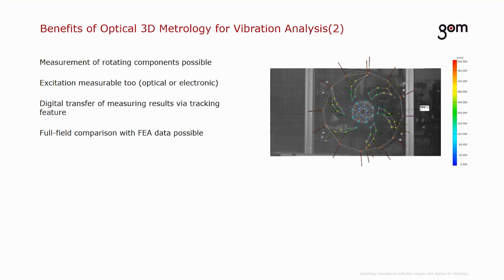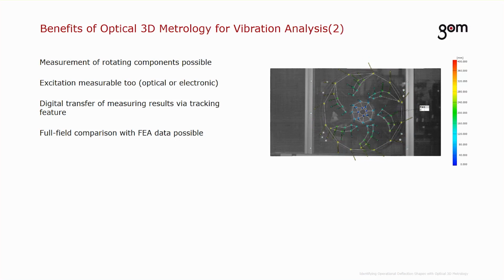You've seen in the example before, we can also measure rotating components with optical metrology, as we do not have to touch and wire sensors. There's no problem in measuring rotating objects.